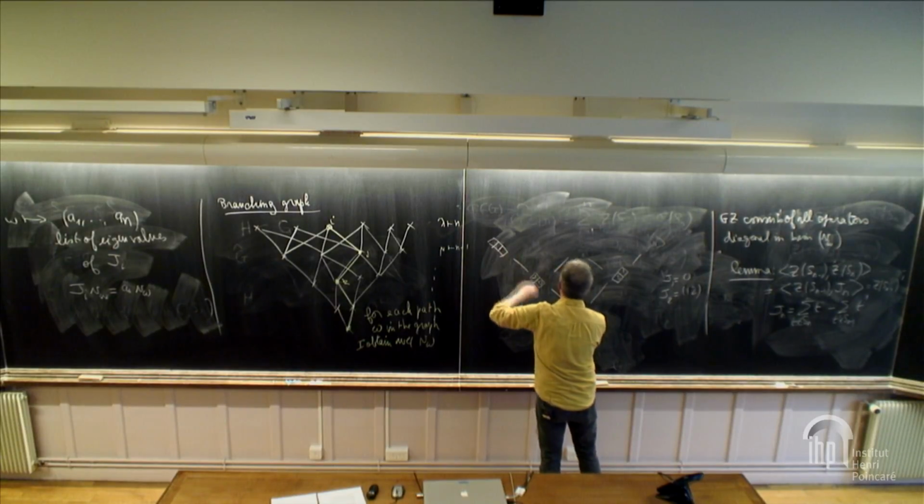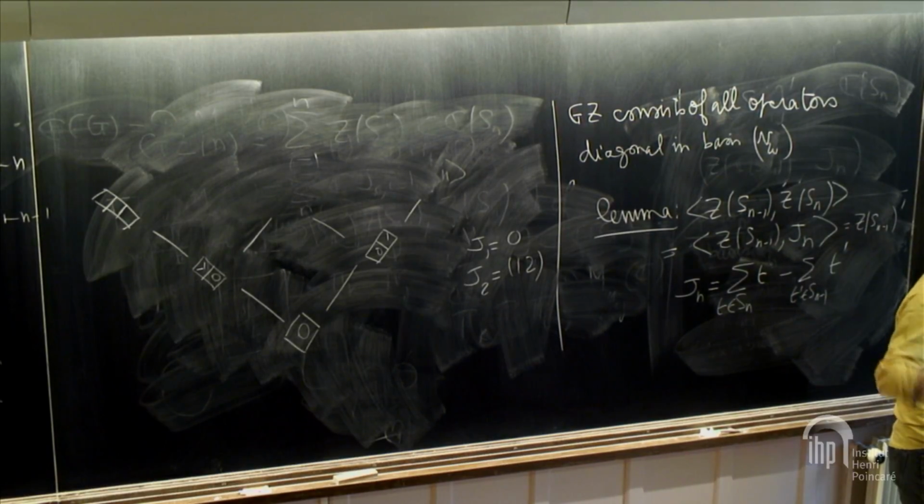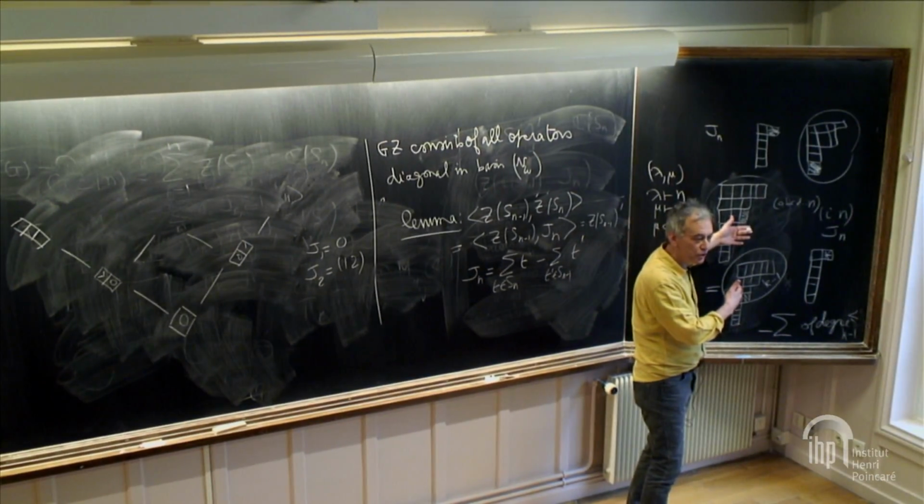Someone asks: in the Russian representation, which are the paths? What's the direction? It doesn't matter. I claim these are the same graphs, but it has nothing to do with the group structure here. Here it is connected to the group structure.